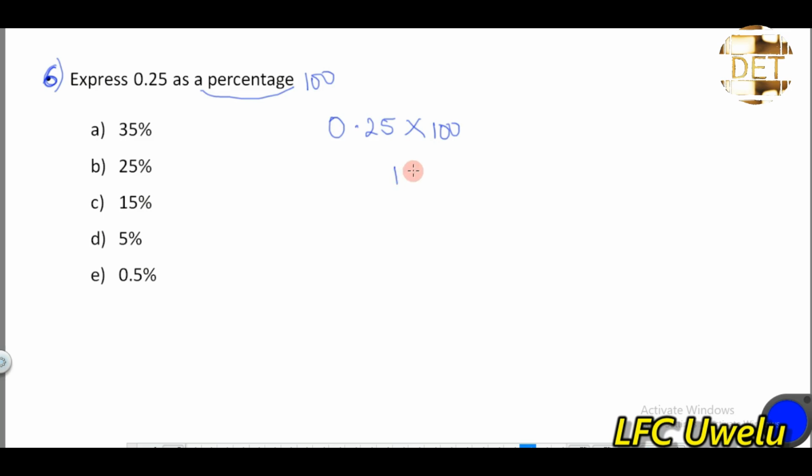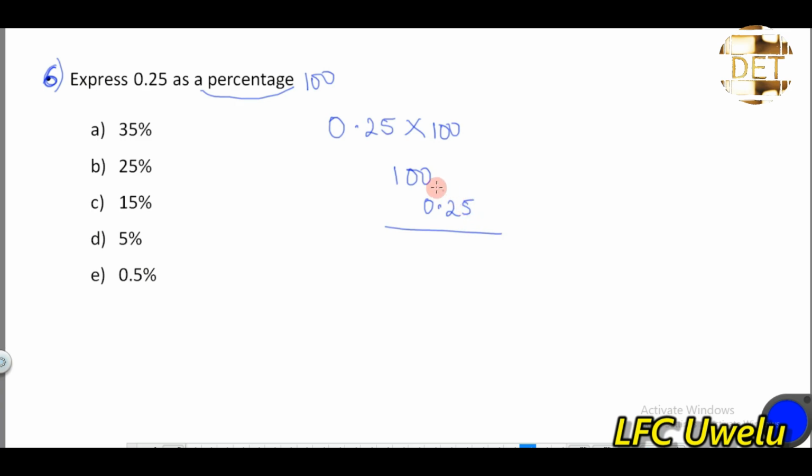So 100 times 0.25. I will just put the 0 here, 0.25, right?